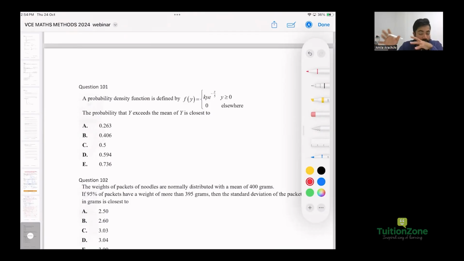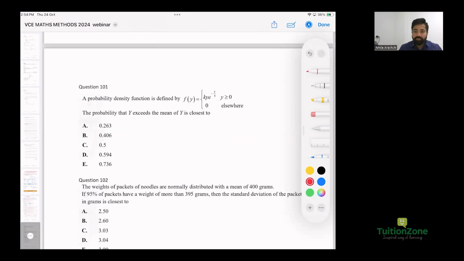Keep it ready, and then use the mean to find the probability greater than the mean. I mean, more than two things, three things. Let me ask someone. I'm going to ask Ryan. What's the plan, Ryan?